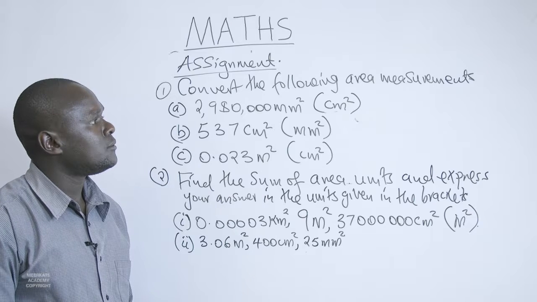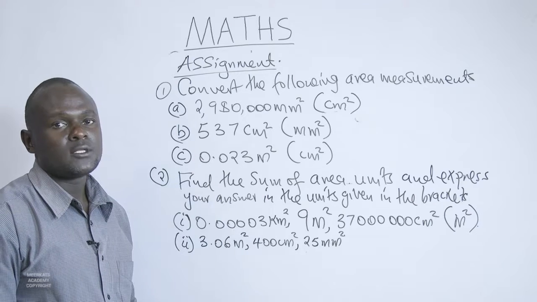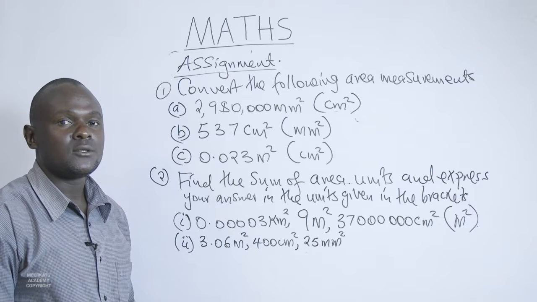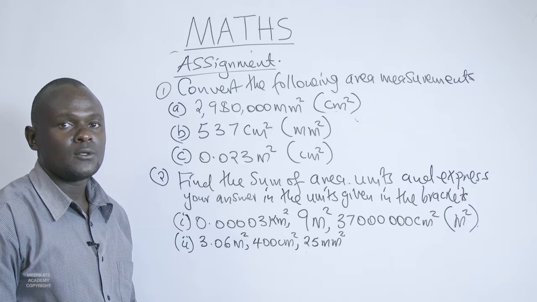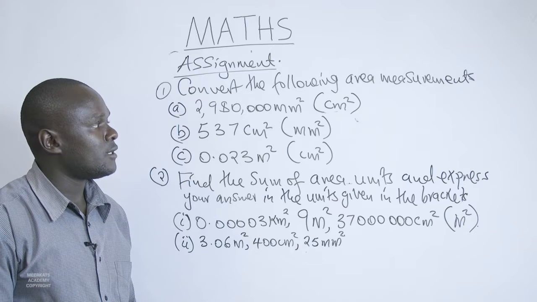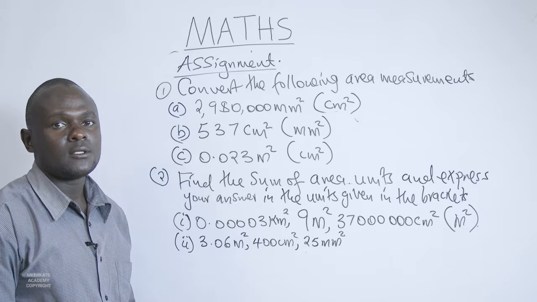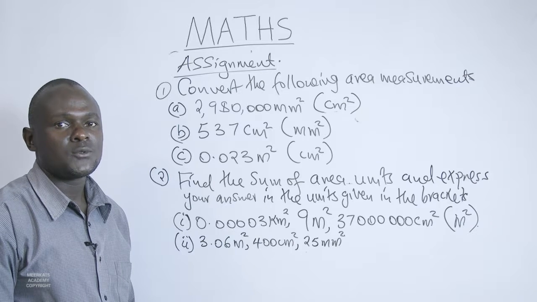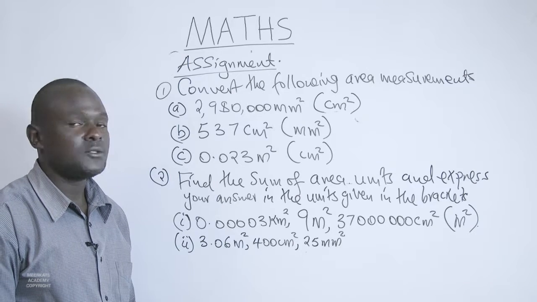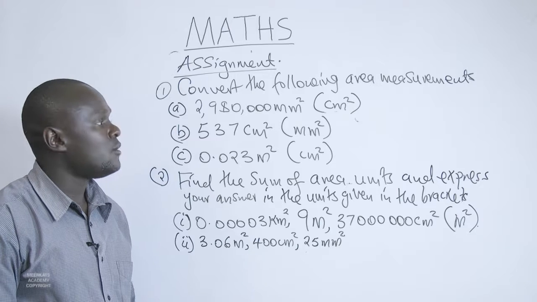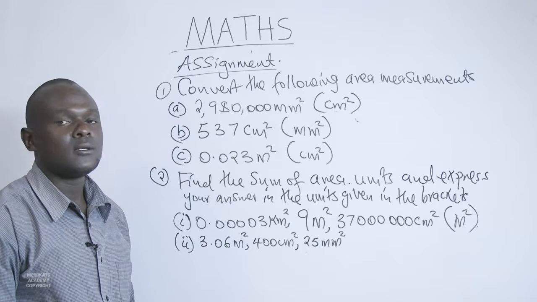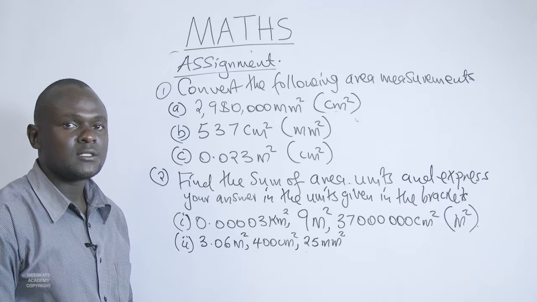Just a recap: in today's lesson we have learned how to convert the units of area. Some of the units of area we have already mentioned are kilometer squared, meter squared, centimeter squared, and millimeter squared. And we also have the special units like a hectare, which is equal to 10,000 square meters.